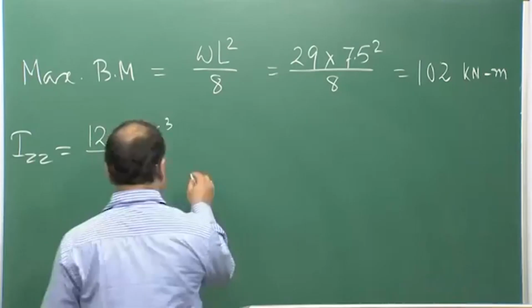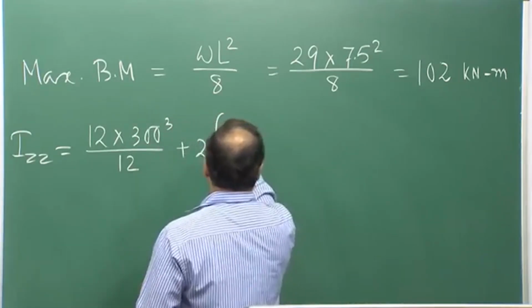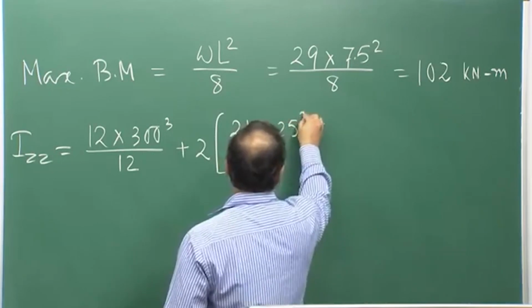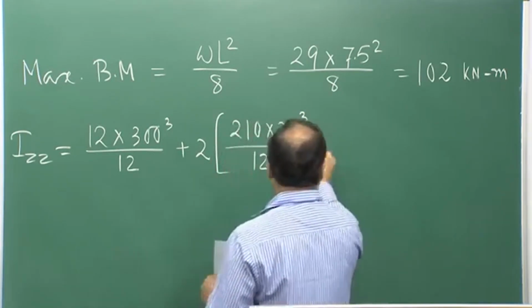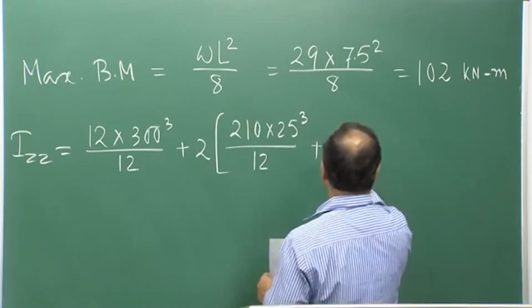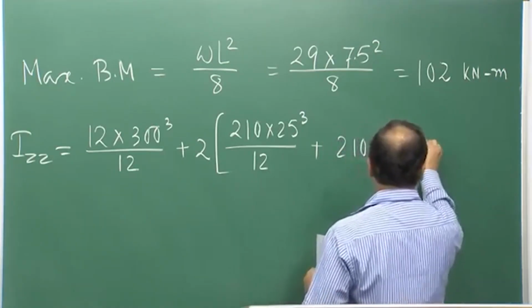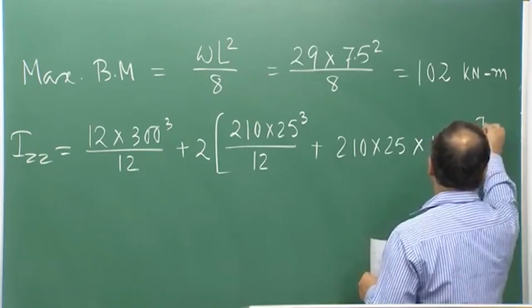I am just calculating that thing plus 2 times 210 into 25 cube by 12 plus, this is the parallel axis theorem. We are incorporating the parallel axis theorem, (162.5 square).